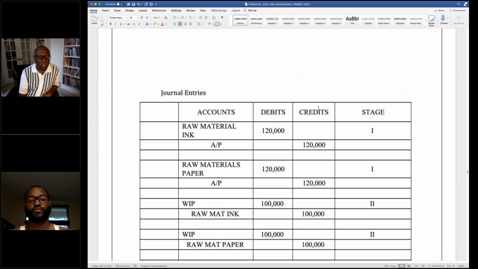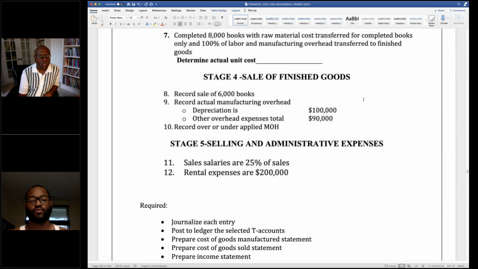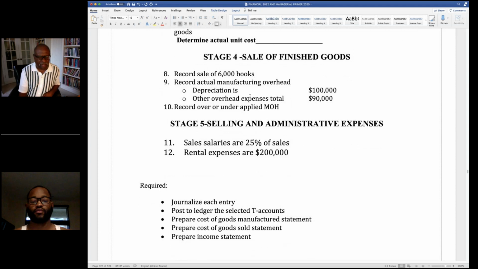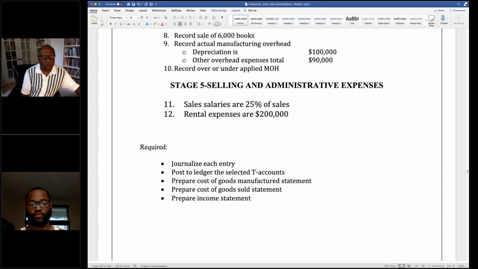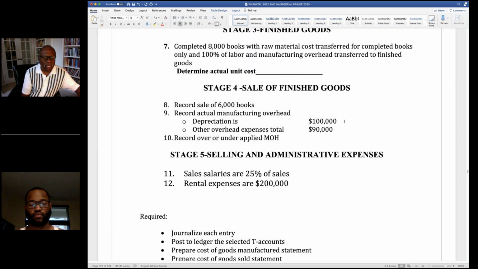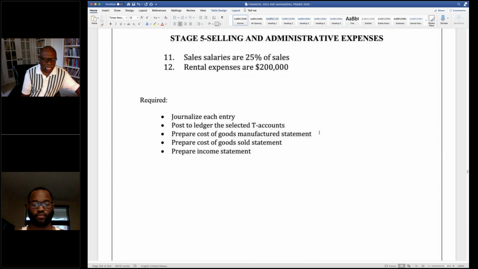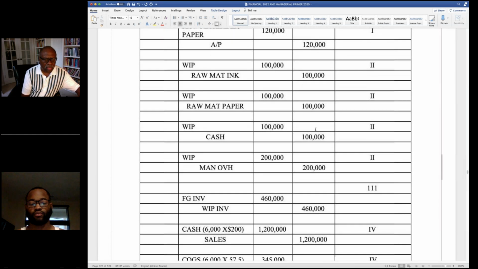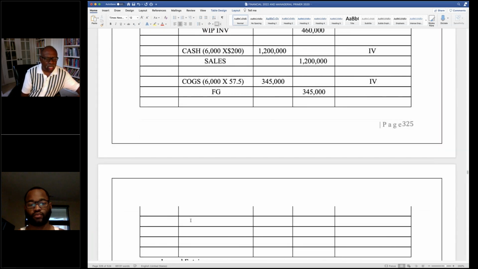So we've done that part of stage 4. Now we got to record the actual manufacturing overhead. So we estimated manufacturing overhead before, but now we're going to record the actual. And that total is 190,000. 100 depreciation, 90 other expenses, which we have to pay cash for. So we're going to go down here and debit manufacturing overhead for 190,000.